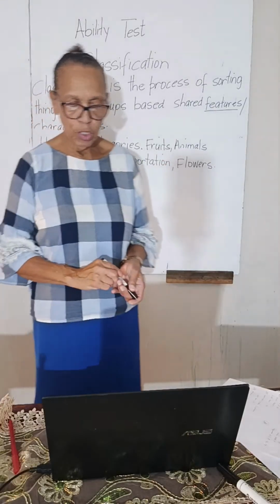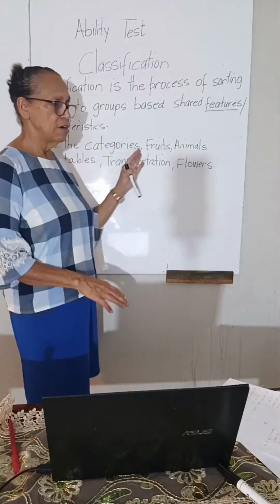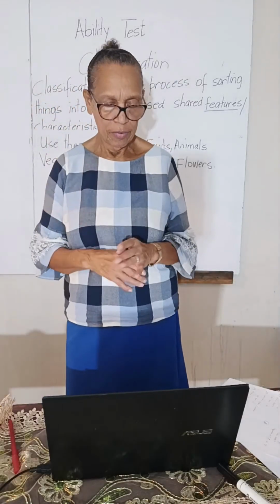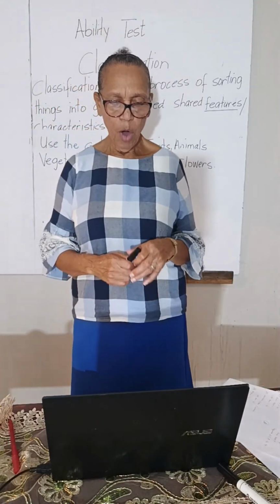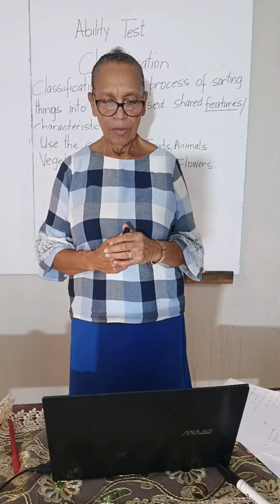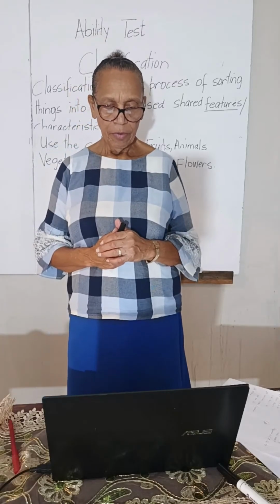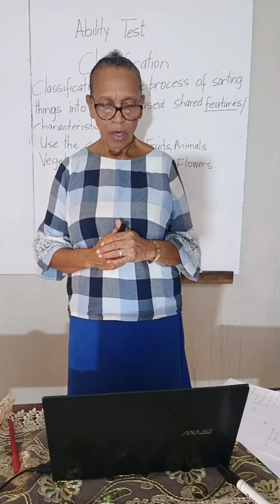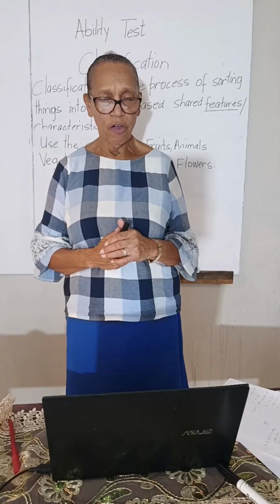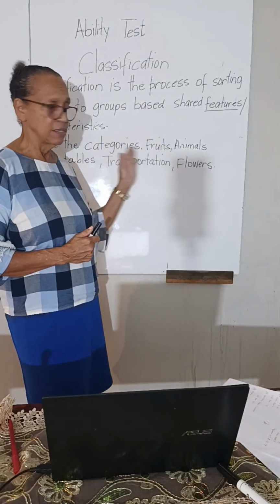Number 1, you're going to put the answer, one of these. Remember to write in your book. Number 1, a mango is a type of, put the answer. Number 2, a lion belongs to the category of, choose one from the list.